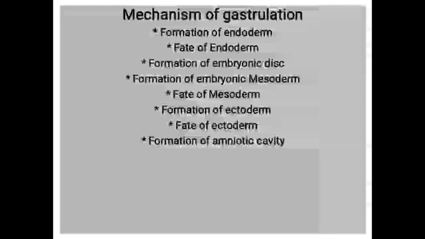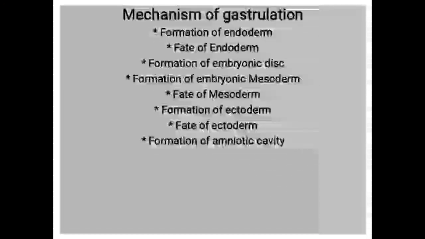It provides protection to the embryo from mechanical shocks by acting as a shock absorber and prevents the embryo from dryness. At the floor of the amniotic cavity lie ectodermal cells, while at the roof of it lie amniogenic cells derived from the trophoblast.